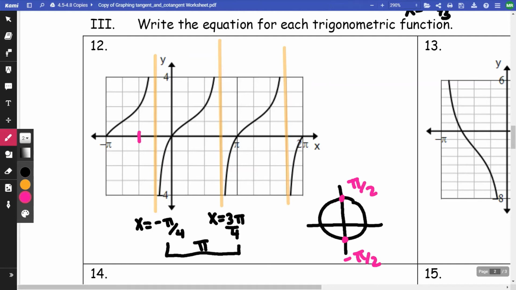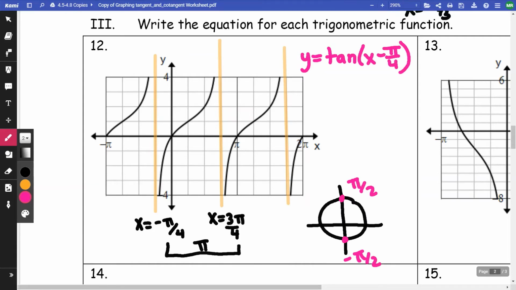So this is a negative pi halves, okay? We shifted it over by basically a pi fourth, okay? So this equation is going to be y equal tangent. I don't have a b, x minus pi fourths.